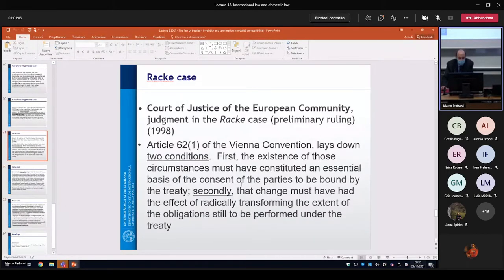the Court of Justice recalls Article 62, paragraph 1 of the Vienna Convention, laying down two conditions. First, essential basis, and second, radical transformation of the extent of the obligation still to be performed under the treaty.